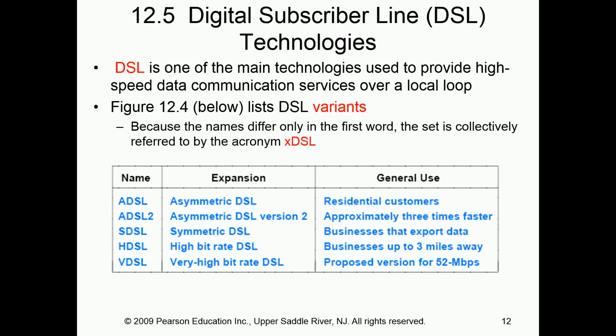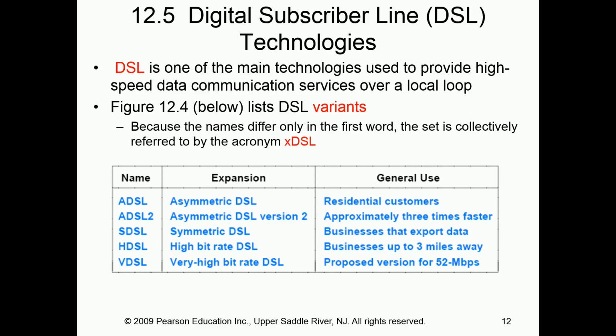After that, they realized that we needed to go more than 2 or 3 miles away from our location, so they actually did HDSL, and this is just high bit rate, and that actually allowed businesses to go up to 3 miles. You could get it further, it's just the further away you went, the crappier the service got.